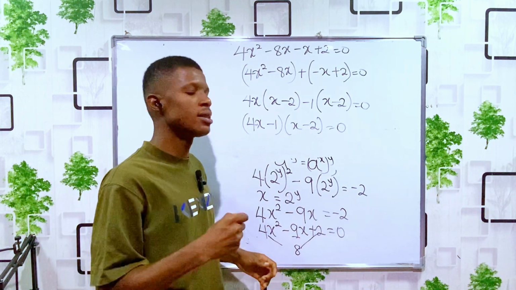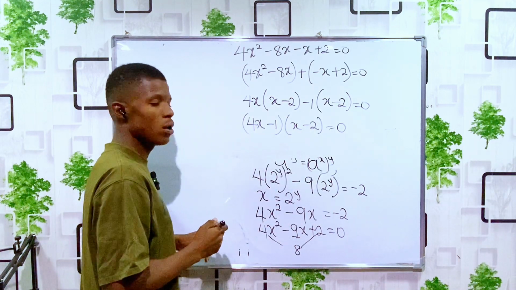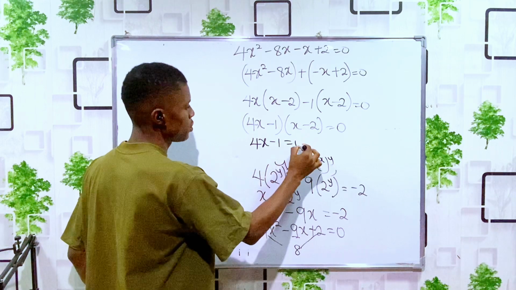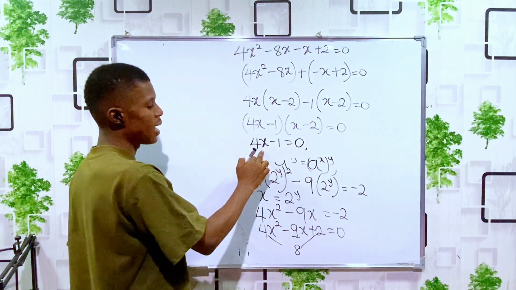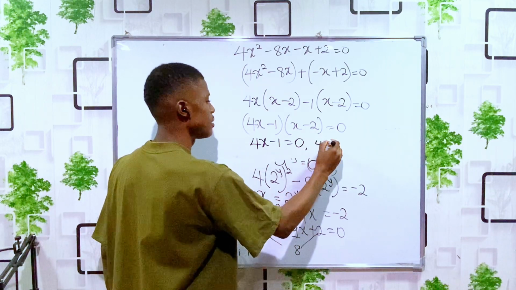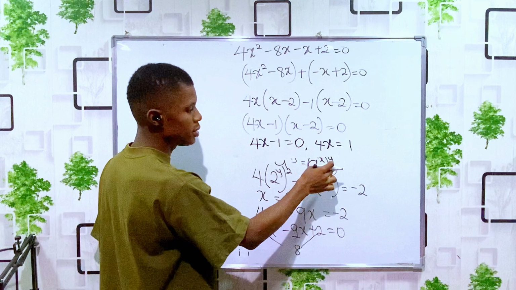Since you've gotten this, you can see that these two brackets multiply to give 0. That means 4x minus 1 equals 0. To make x the subject, 4x is equal to 1, because 1 crosses the equality sign.